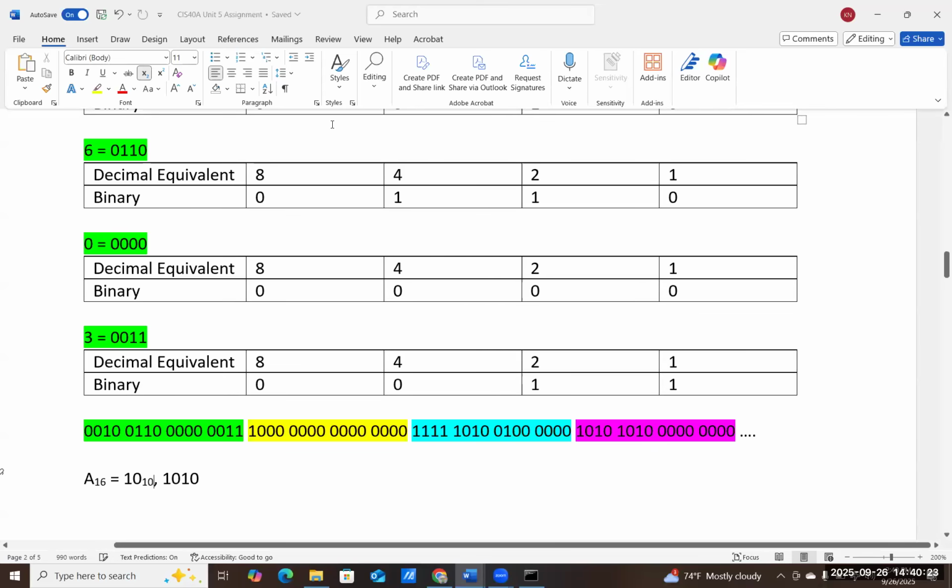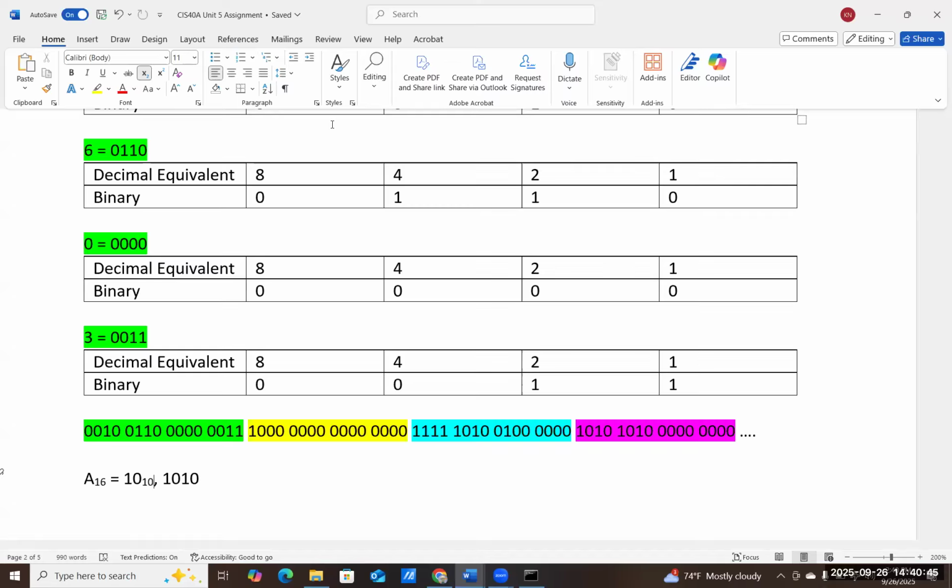So our decimal is 10, and that's the letter A. If you look at the scale, what numbers add up to 10? The 8 and the 2, right? So it's 1, 0, 1, 0. And 11 is 8, 2, and 1, so it's 1, 0, 1, 1.